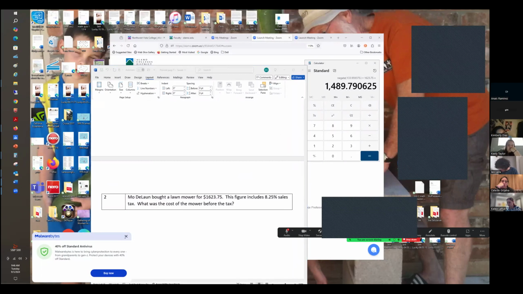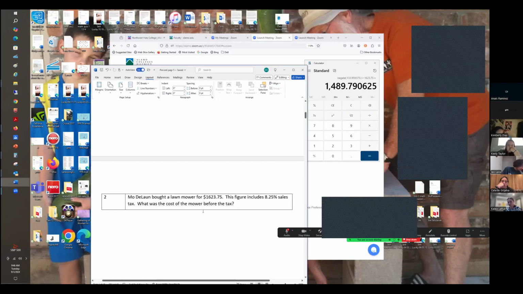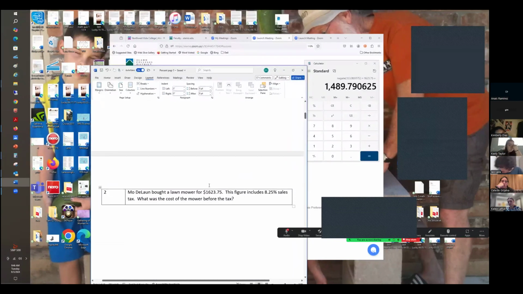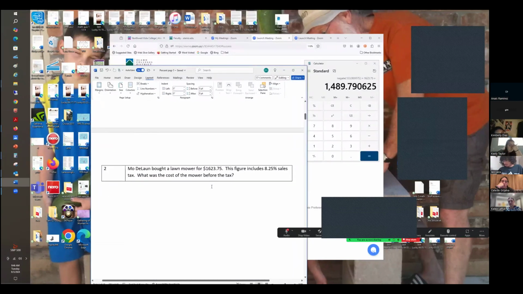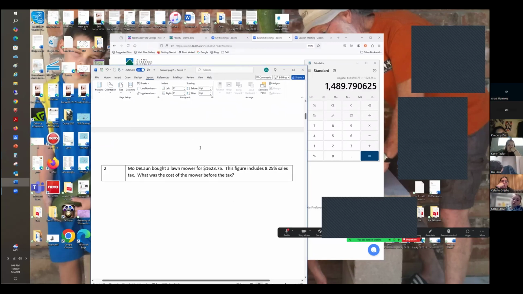Here's what you have to realize. The number 1623.75 has the tax in it, but you don't know what the price was before the tax was added. What you do know from what we talked about with the first problem is that 1623.75 is the original price before tax plus the tax.